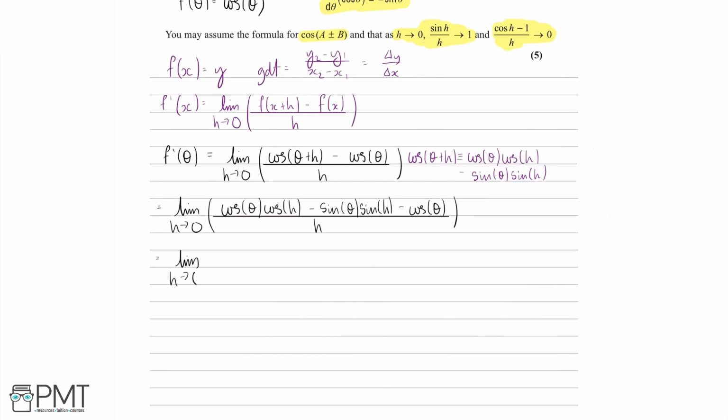So we're trying to find the limit as h approaches 0 of cos theta cos h minus cos theta all over h, plus the sine part, which will be the limit as h approaches 0 of minus sine theta sine h all over h.